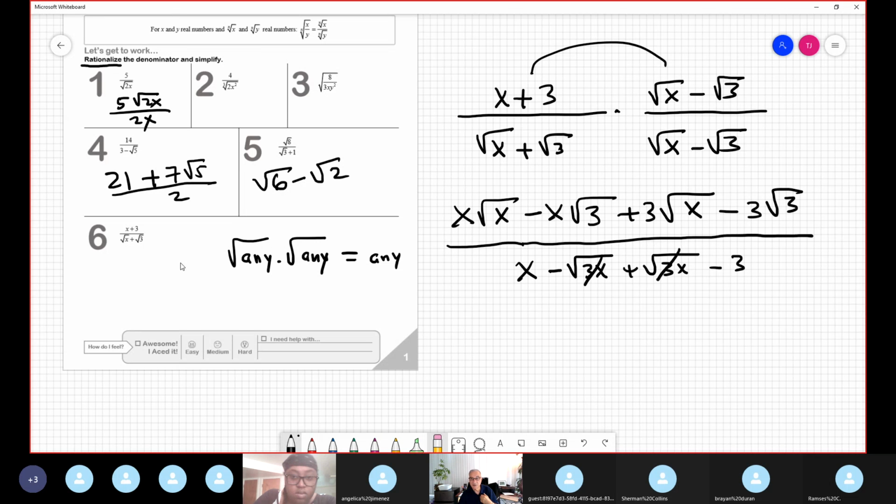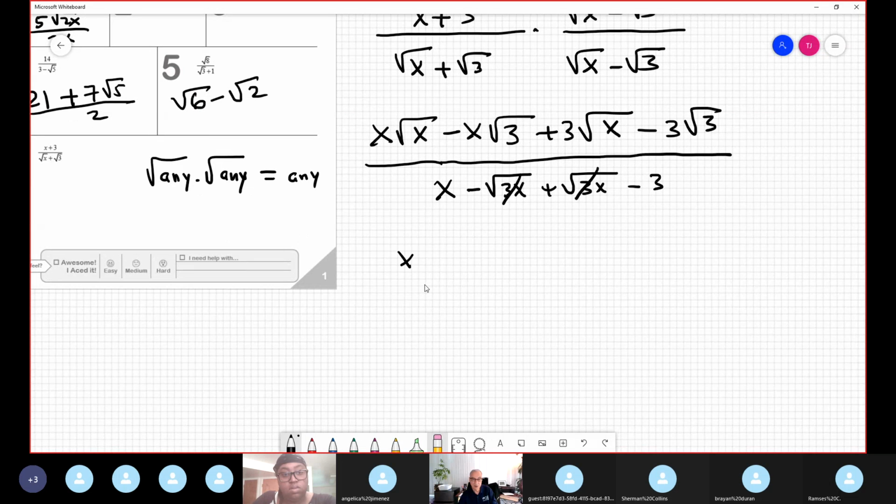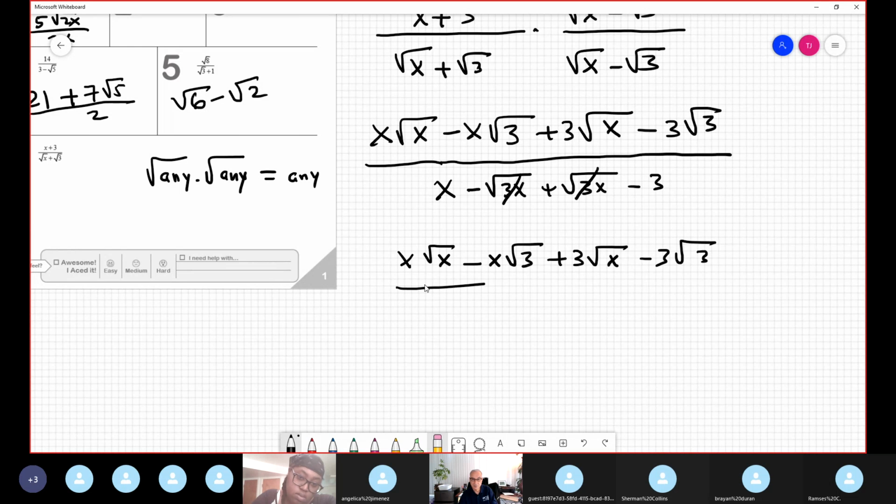This and this cancel. In the top, no, it stays the same. What is the final answer then? It is x radical x minus x radical 3 plus 3 radical x minus 3 radical 3, over x minus 3.